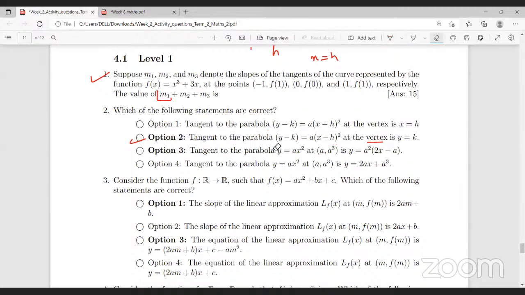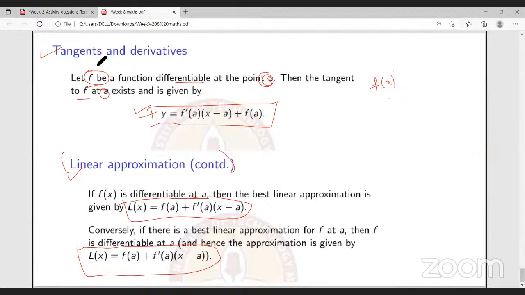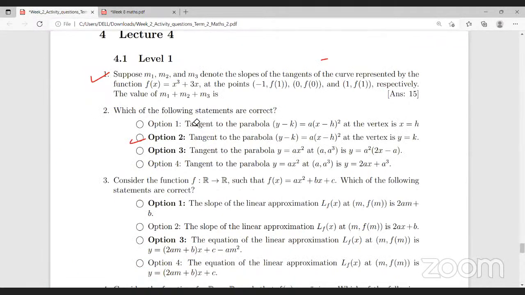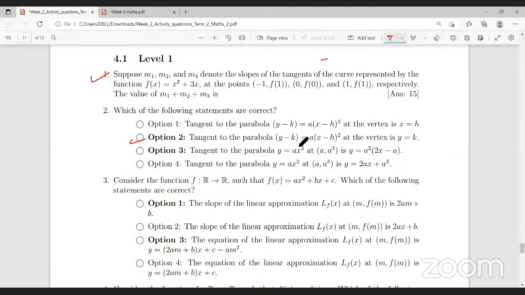We can even use the intercept way, transferring the k to that side. I have also solved it in that manner, the slope point form. But in the context of this week, we have to solve by using this tangent equation. So y equals a times (x minus h) squared plus k.